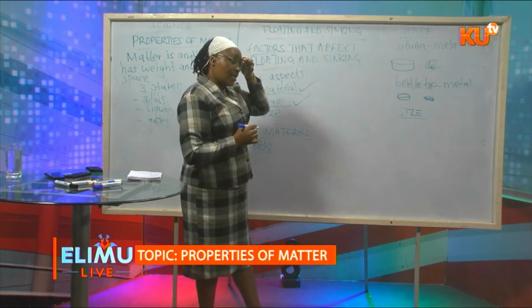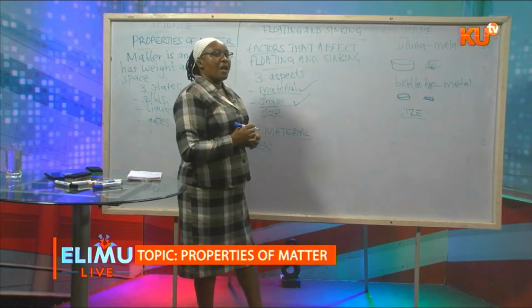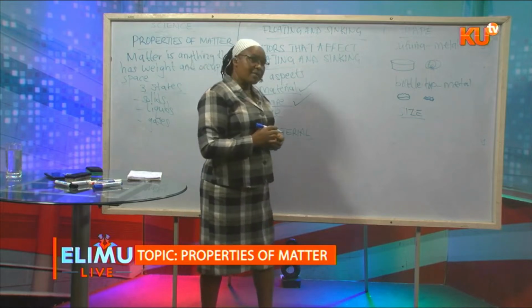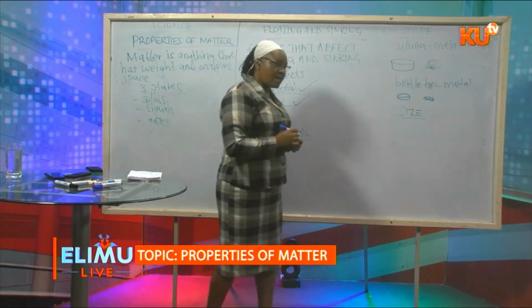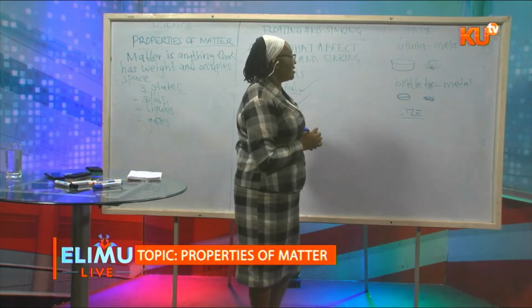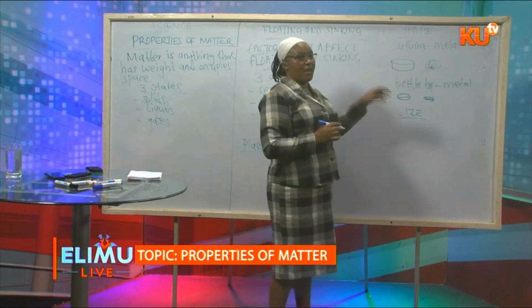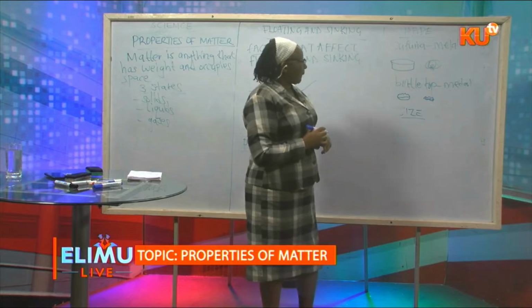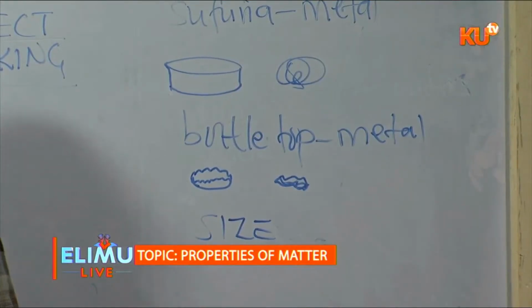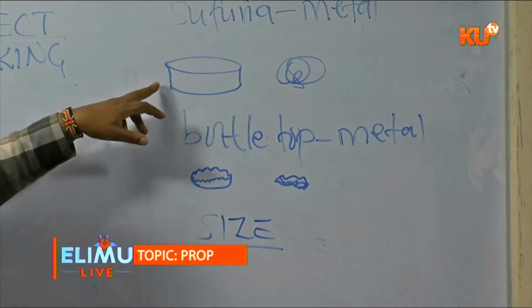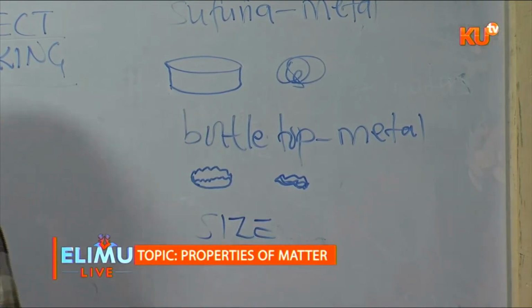If you look at a ship, it's very big and it's very heavy, but it does not sink regardless of its size. We have looked at a sufuria here, a smaller one, a bigger one. So long as it has this shape, it will always float.